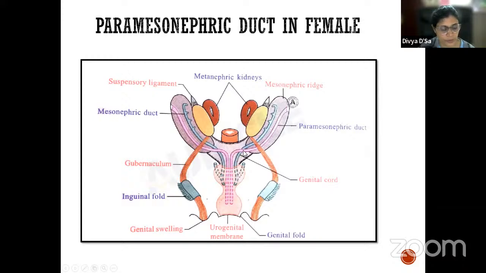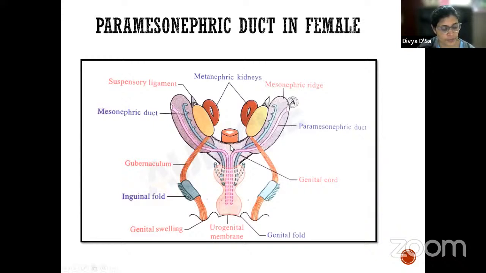The upper ends of the paramesonephric ducts remain open into the coelomic cavity. That is why, in females, we say the peritoneal cavity is an open cavity, because it communicates. This is the communication.